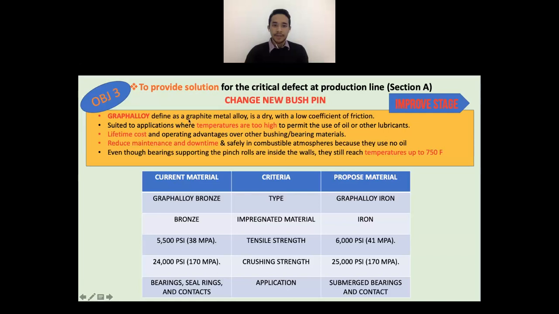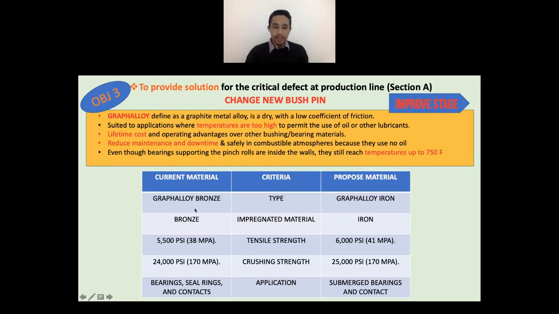So graph alloy is defined as a graphite metal alloy with a low coefficient of friction, suited to high temperature, with lower lifetime cost, reduced maintenance and downtime, and it can still reach temperature up to 750 Fahrenheit.